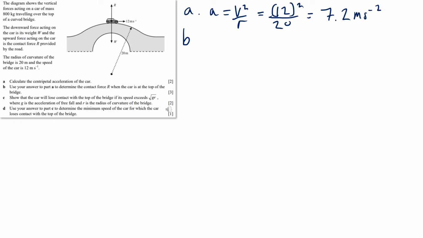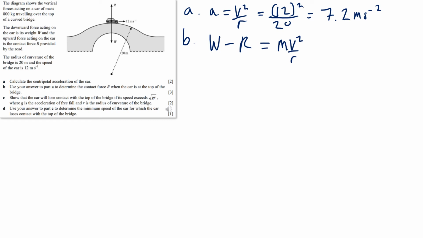So we need to think about the resultant force between the weight and that contact force being equal to the centripetal force. So what we're saying is that the weight acting downwards, W, minus R, is equal to the centripetal force, mv squared over r.